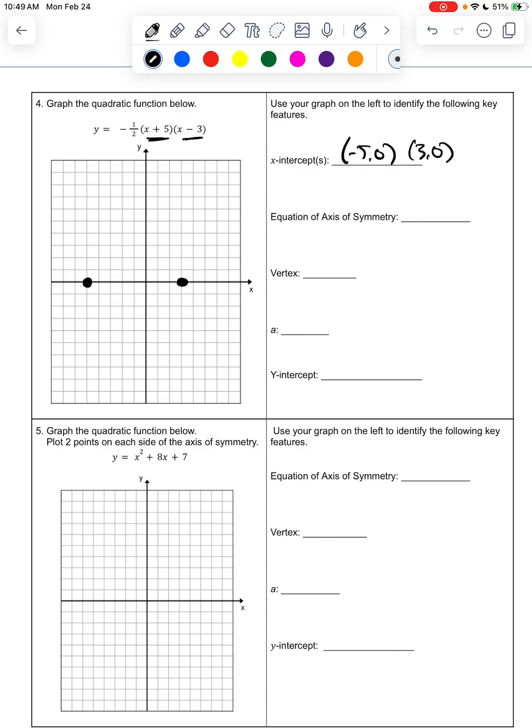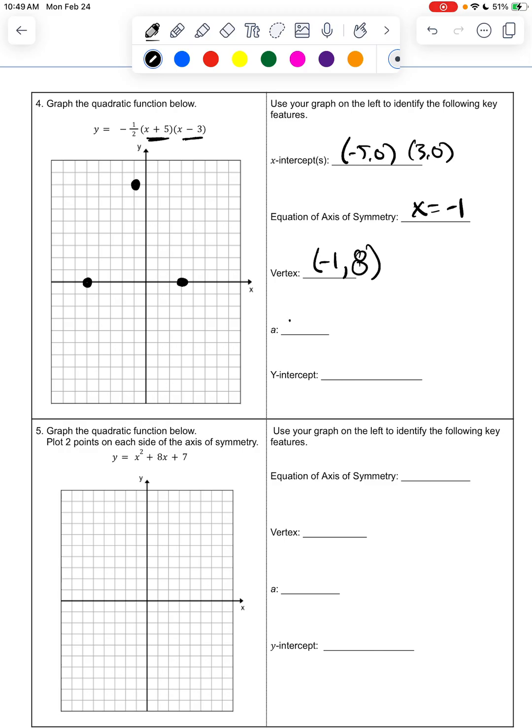Equation of the axis of symmetry, right in between those, is x equals -1, which means the vertex is (-1, ...). -4 and +4 is -16, half that is 8. So the vertex is (-1, 8). Looks like that.